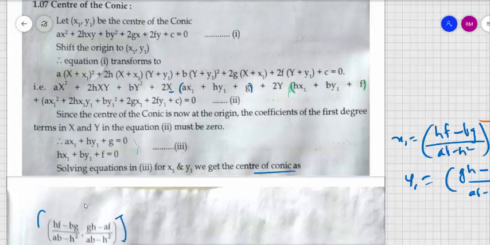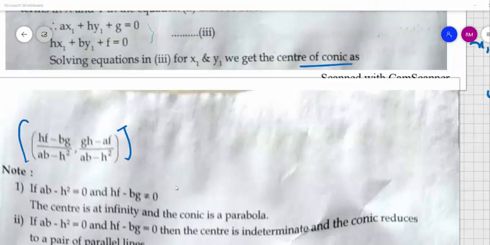This is a very important formula. Now we discuss. Note that this is the center of the conic, and observe that the denominator ab minus h square for both x1 and y1 is the same, and if it is 0 and if hf minus bg is not equal to 0, then infinity will be their center, and the conic is a parabola.